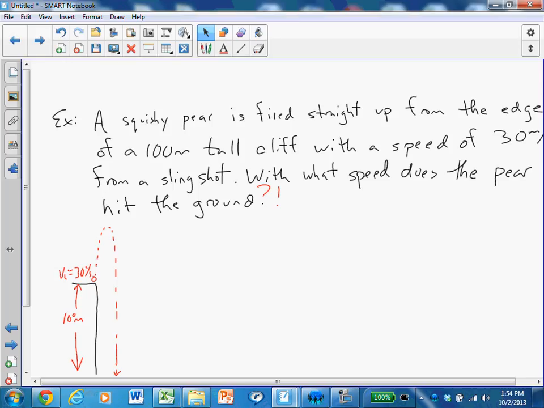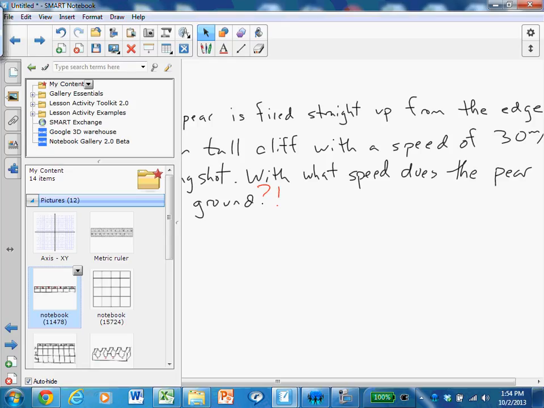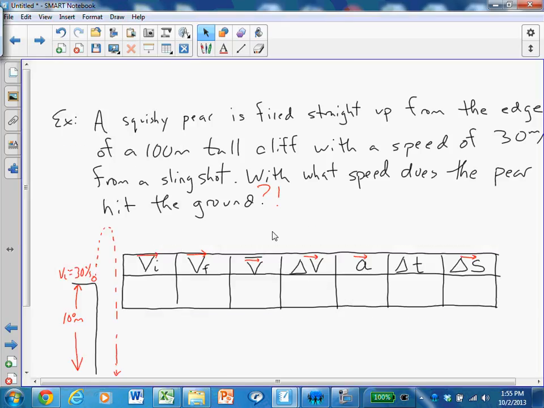So we can analyze this actually to break it up and do up and down, or you could do the whole thing. For us, let's just do the whole thing. Because if you do the positive and negatives, it should work out. So we take off with a plus 30 meters per second. We have the same acceleration. It's always minus 10 meters per second squared.